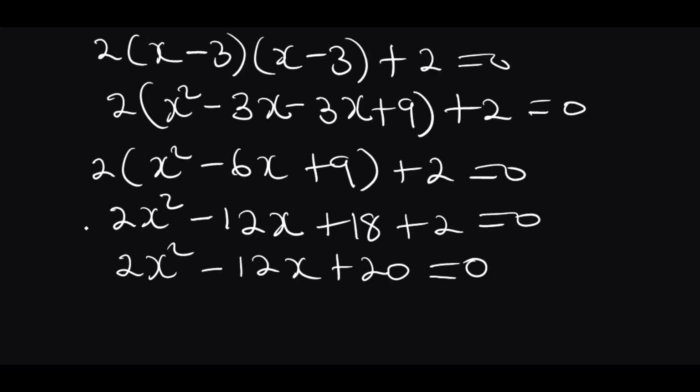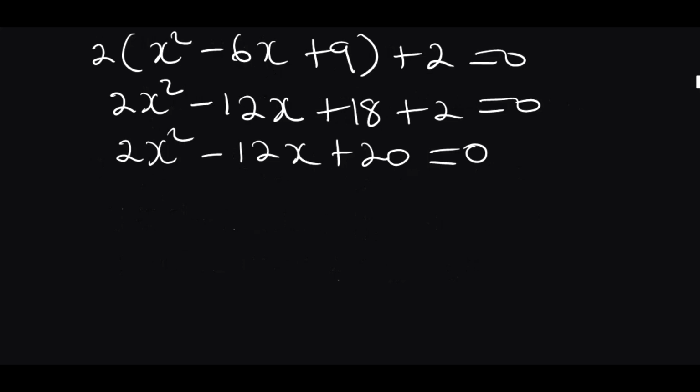Now we know that in order to discuss the nature of roots, we need to use the discriminant. The discriminant is equal to b squared minus 4ac. If the discriminant is less than 0, therefore the roots are non-real.